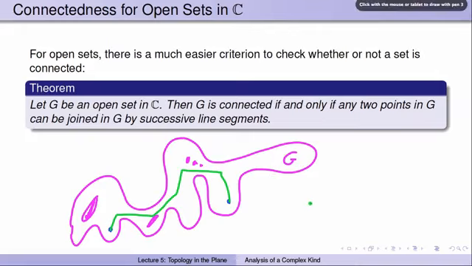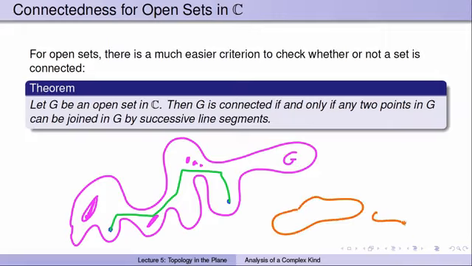On the other hand, if G consisted of several parts, and I picked one point over here and another one over here, and I now tried to connect them with line segments, I would have to get across, and that's leaving my set. So this set, G here, is not connected, whereas this one is connected.